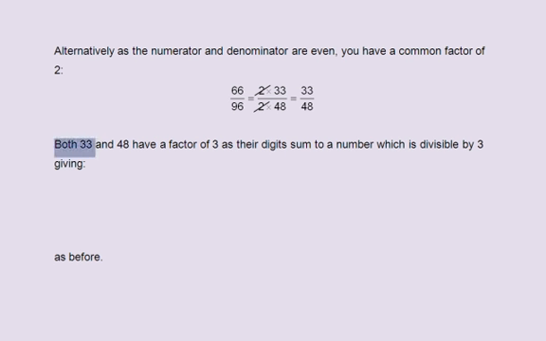Both 33 and 48 have a factor of 3, as their digits sum to a number which is divisible by 3, giving 66 over 96 equals 33 over 48 from before, which equals 3 multiplied by 11 divided by 3 multiplied by 16. You can cancel down the 3s to give 11 over 16, as before.